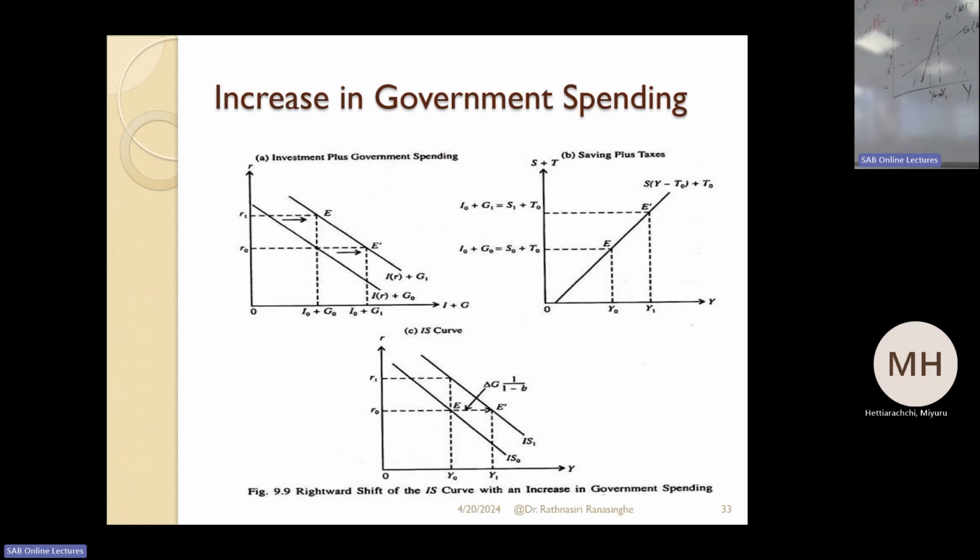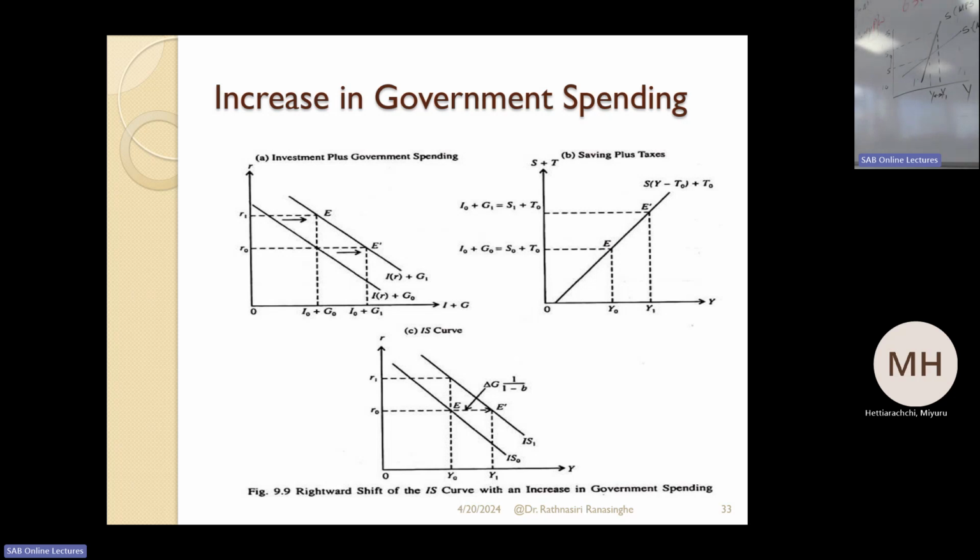At the prevailing interest rate R0, earlier the injection I0 plus G0 and the associated withdrawal S0 plus T0 gave income Y0. This is the initial point R0, Y0 on the curve. Now, after government expenditure rises from G0 to G1, what happened?